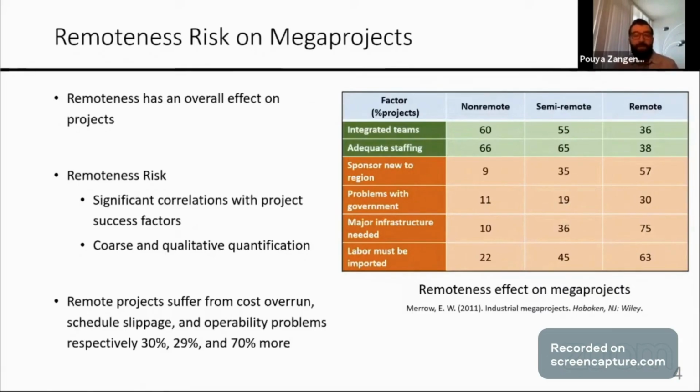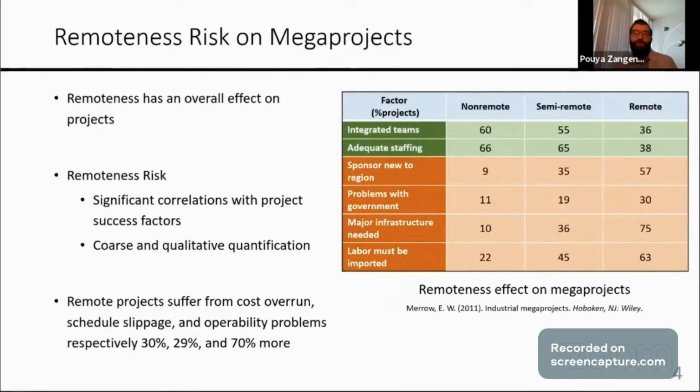So what I wanted to say here is that within the projects industry, the way they categorize this remoteness is quite crude and coarse, in a sense that they divide it into a categorical variable with three states: non-remote, remote, and semi-remote.